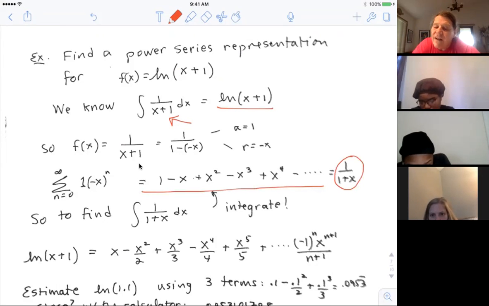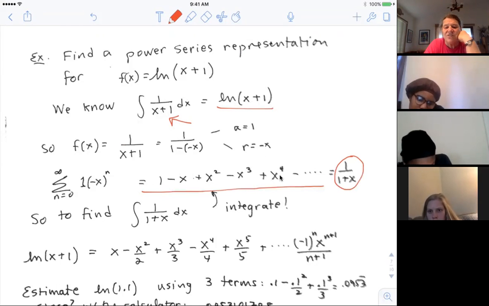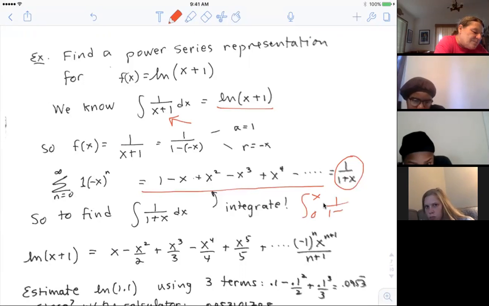Now, what I said I wanted, that's not quite what I wanted. What I wanted was the log of that. Well, that's kind of nice because there's the series representation. We know the integral of that is the log of that. So I'm just going to take this series right here and I'm going to integrate it. Okay? And actually, technically we would say the integral from 0 to x of 1 over 1 plus t, but it turns out to be essentially the same thing.